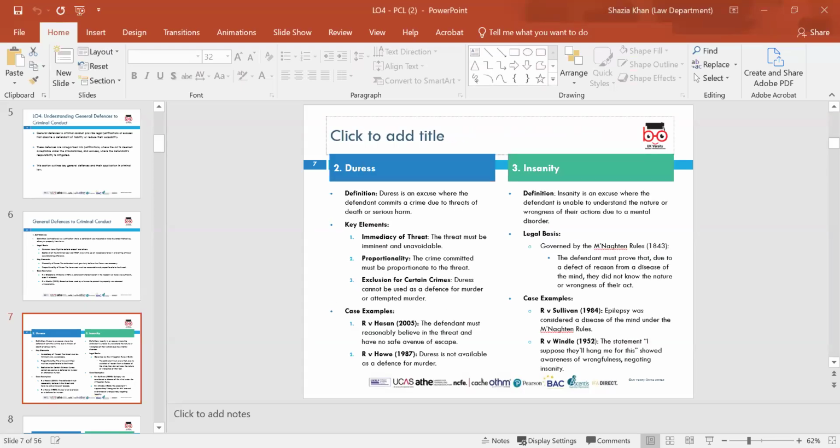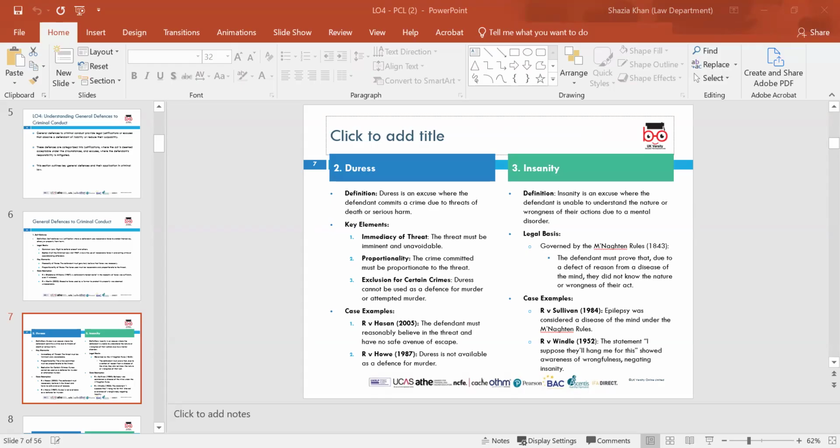The element of duress. So we'll look at duress in regards to criminal law and why that is so important and why it's a defence in criminal law. So duress occurs when a person is compelled to commit a criminal act because of a threat of imminent harm or serious injury from another person or a situation.